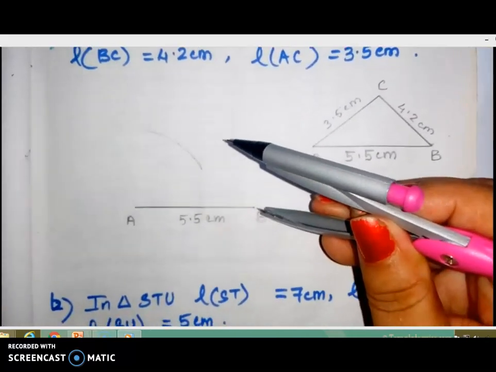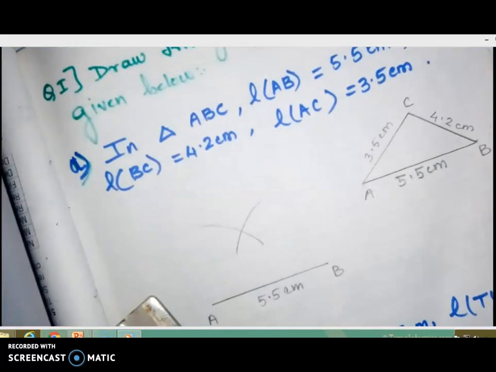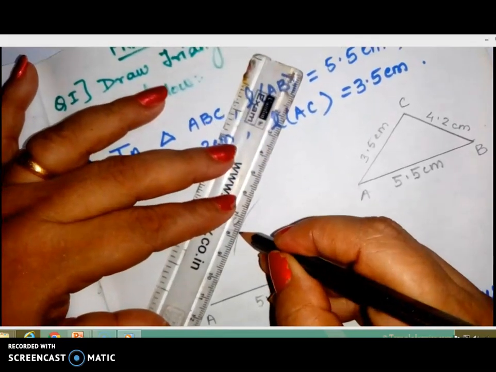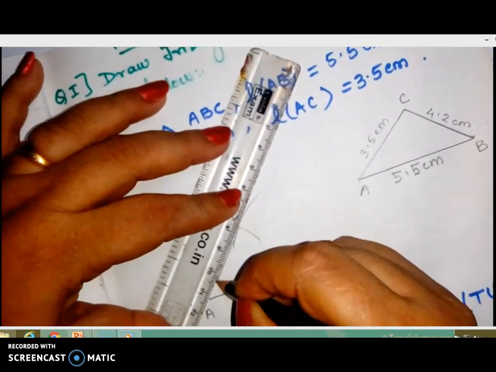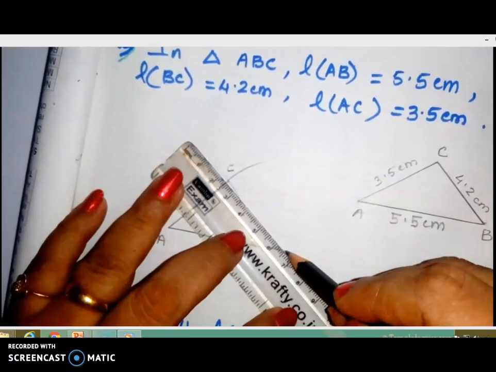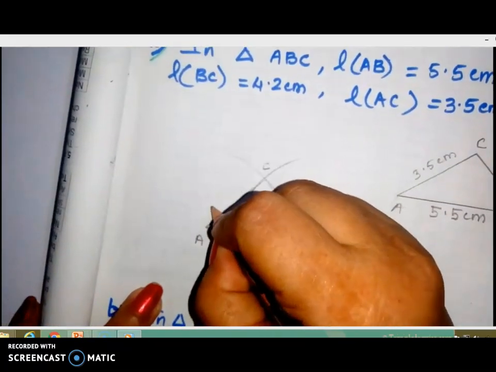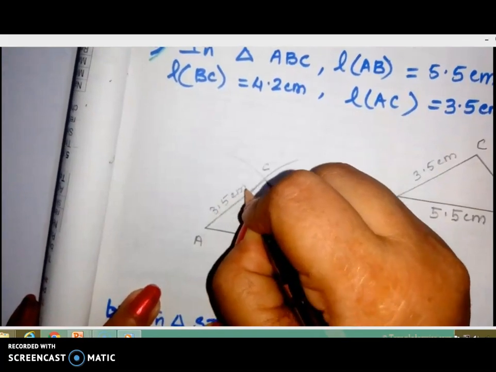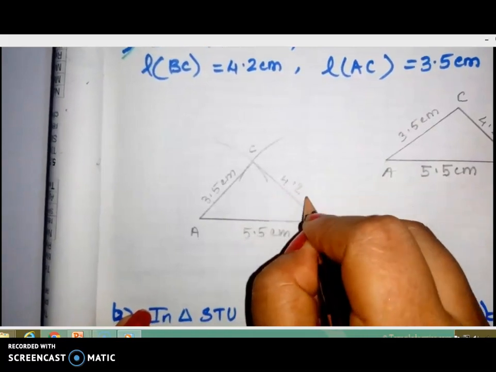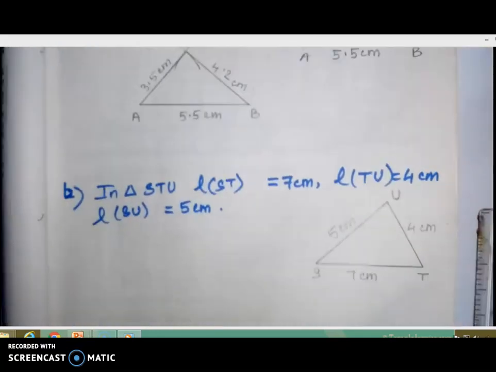And placing the pointer at B, we will cut the arc previously drawn. Now we will name this point as C, and we will join AC and BC, and we will write the lengths of the sides 3.5 centimeter and 4.2 centimeter. So that completes the first construction.